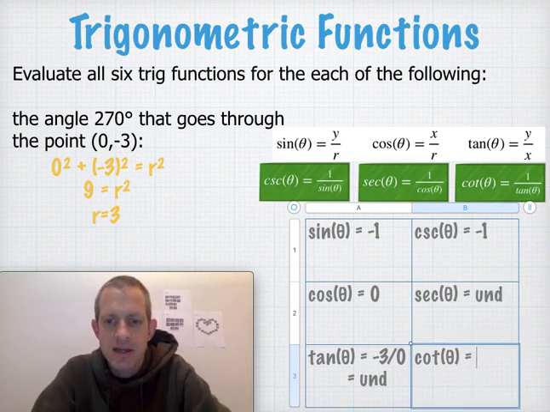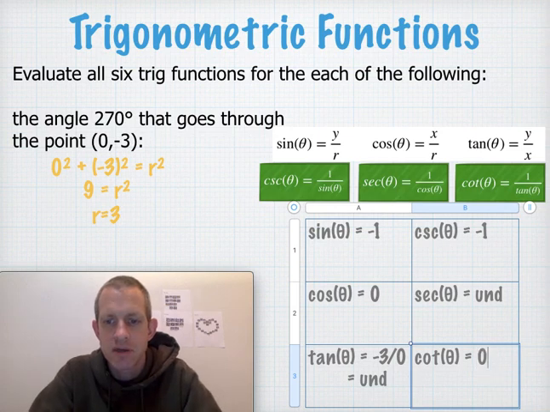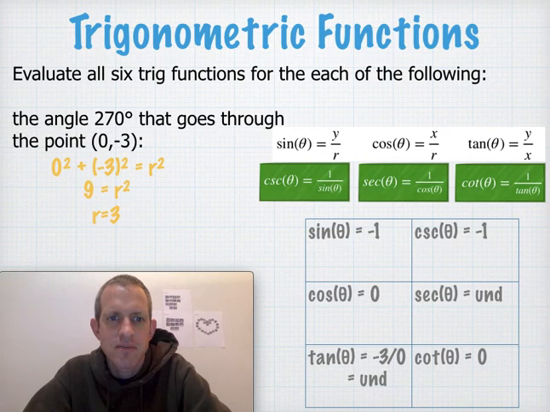And then cotangent, if we try to reciprocate -3 over 0, we're back to 0 over -3, and that would be 0. So kind of interesting, sine, cosine, tangent of 90 and 180 and 270 and 360 all have relatively nice answers like -1s and 0s or undefined.